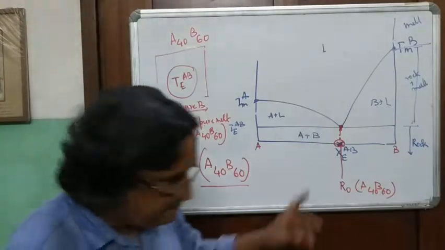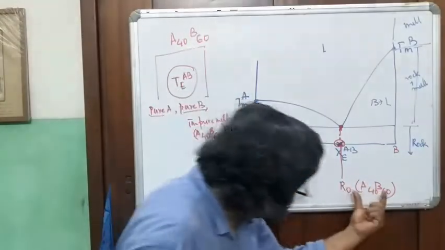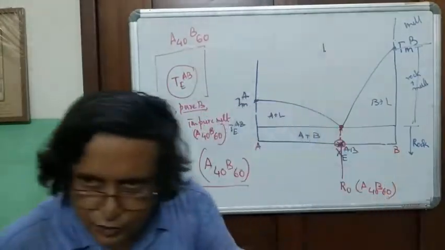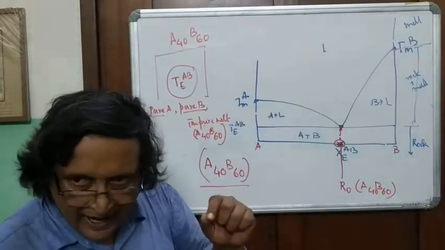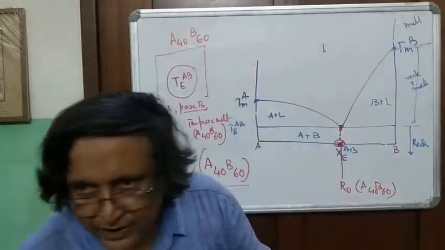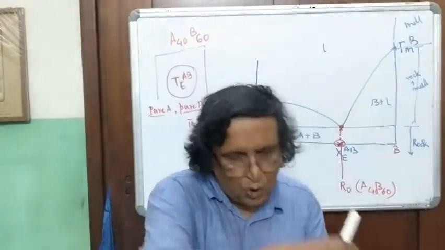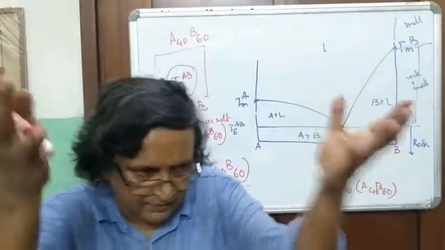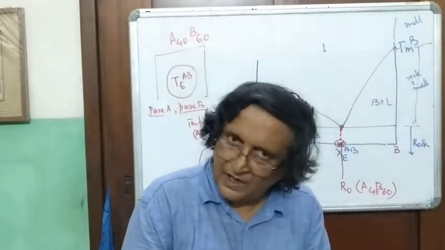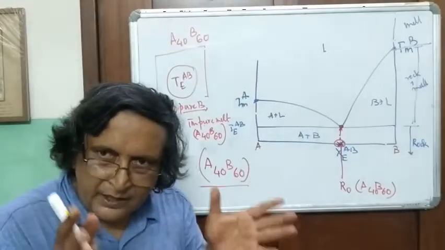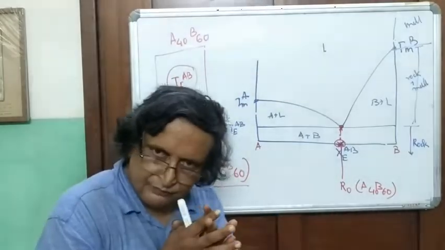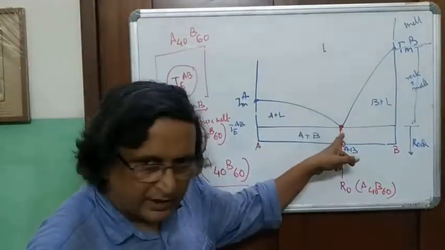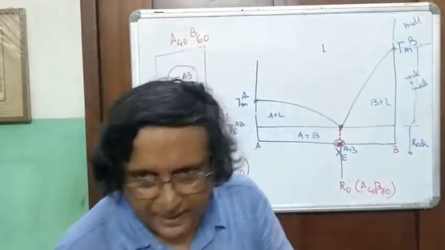So A and B, in the proportion 40 is to 60, will melt to give you a melt where A and B components are present in the ratio 40 is to 60, to make a chemically homogeneous melt. Have you understood? A chemically homogeneous melt. This will go on. Remember, you're at the eutectic, so the melt composition will not be able to change.